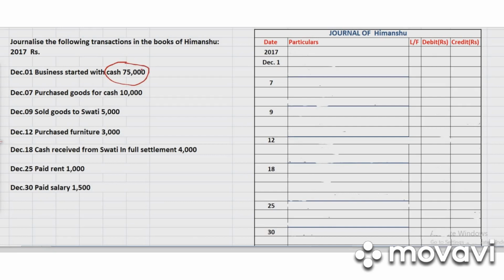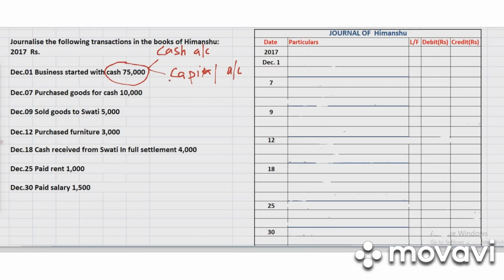Of course, capital is not written, but we know that when cash is invested in the business, it is called capital. So these are the two accounts affected in this particular transaction: one is cash account, another one capital account.